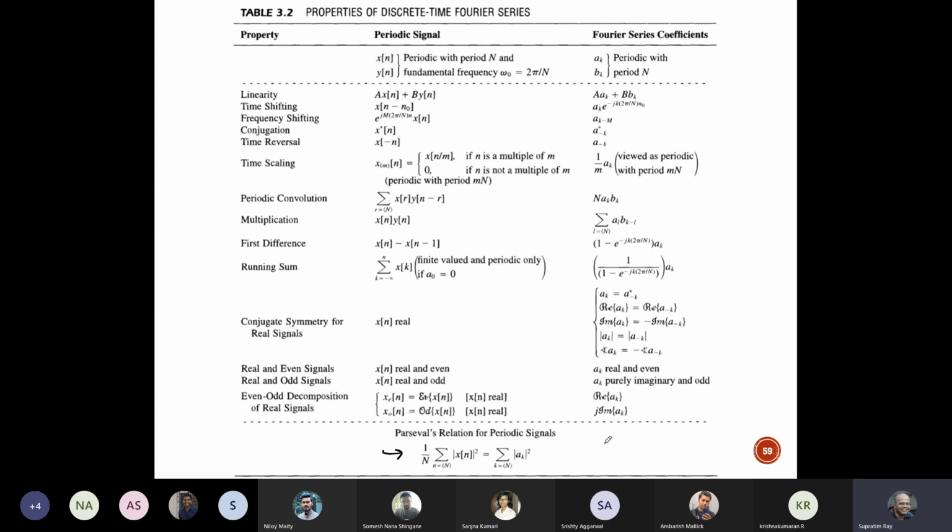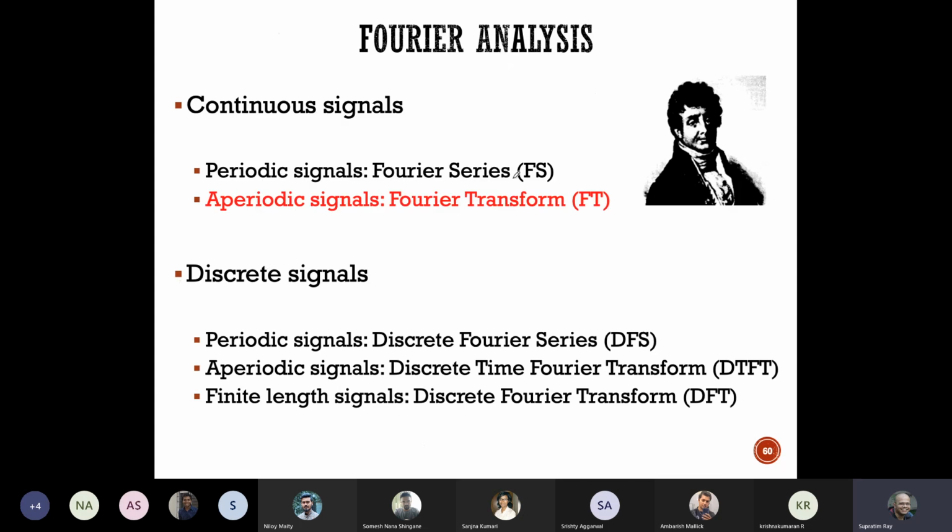Okay, so a discrete Fourier series is periodic in both domains. In fact, we will see this interesting thing, so I'll just write it here, time and frequency. Fourier series is continuous in time but discrete in frequency. Discrete Fourier series is periodic in time.